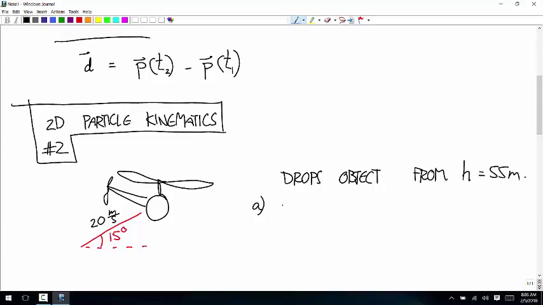What's the velocity vector of the object the instant it's dropped? Drop instant.